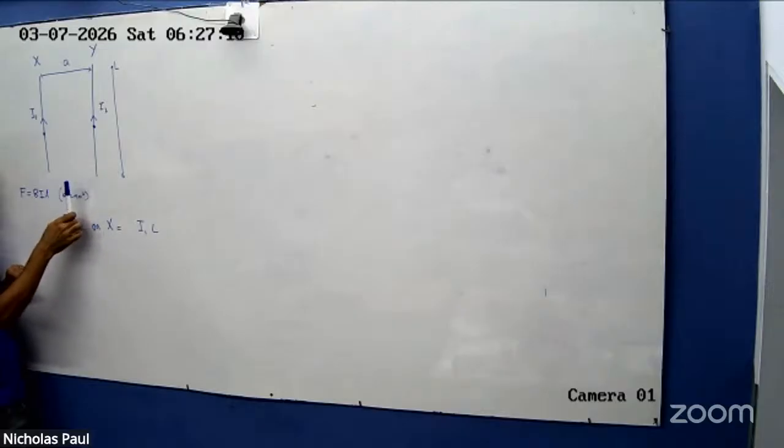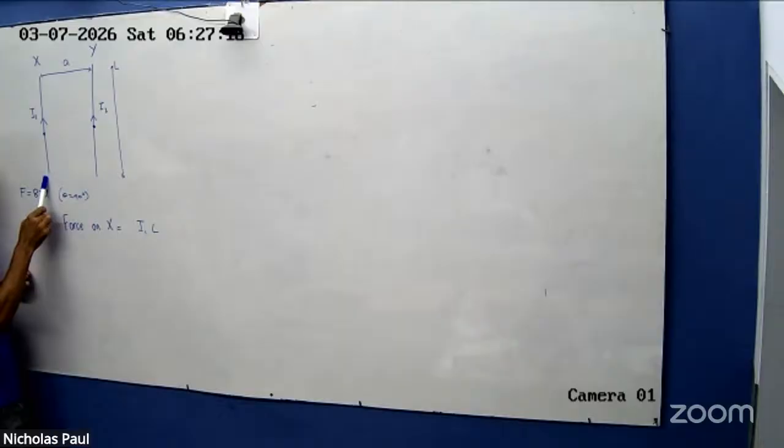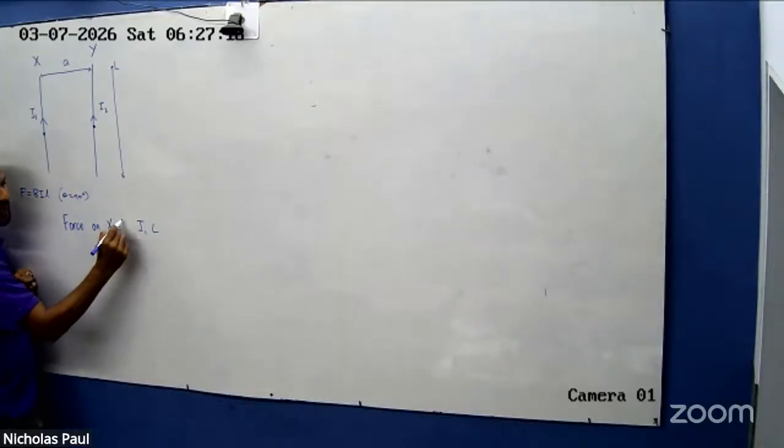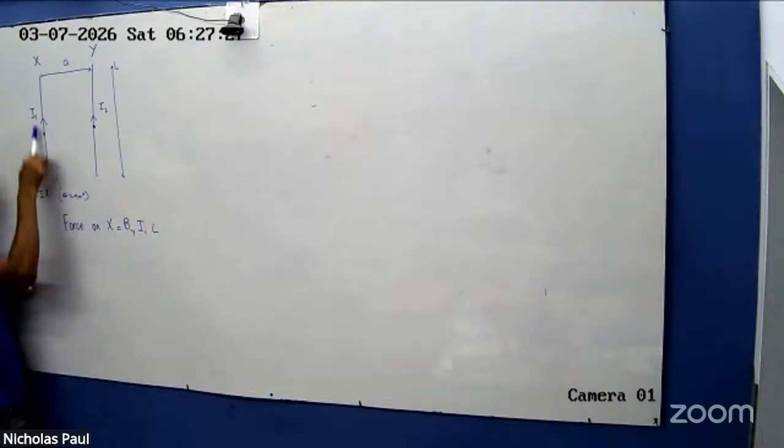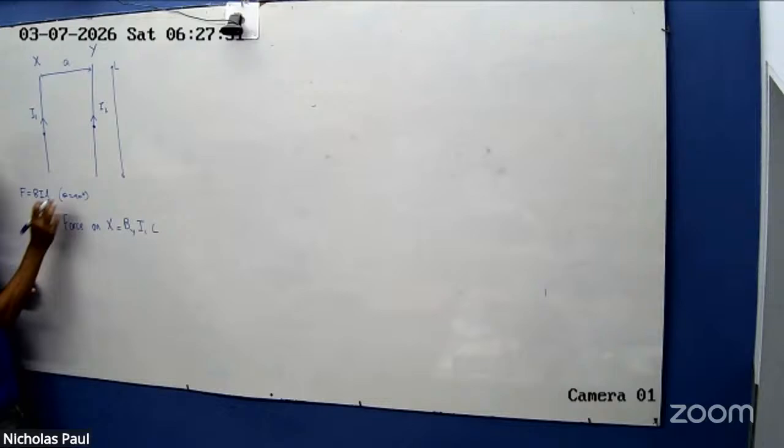Because of the magnetic field here, it's causing a force here. So the force on X is dependent on the magnetic field strength at Y, the current I1, and the length. Both conductors are the same length, and they have currents I1 and I2 flowing in them.